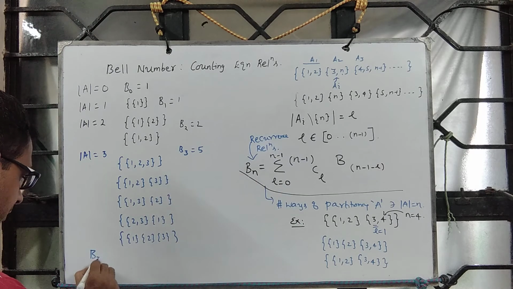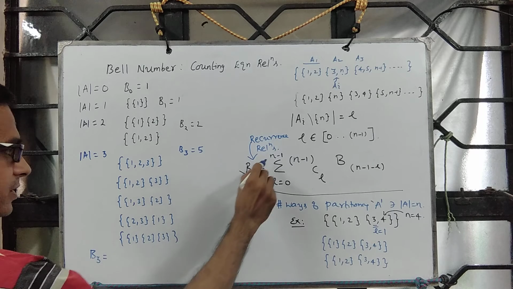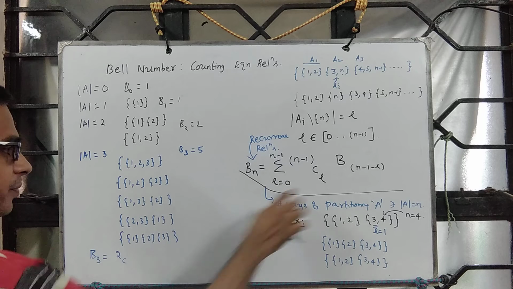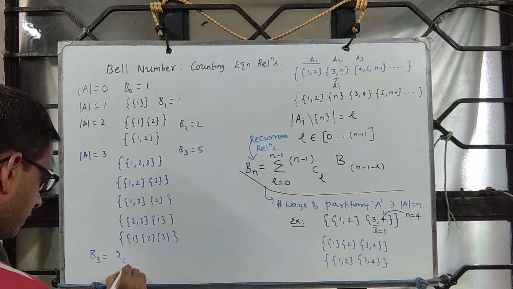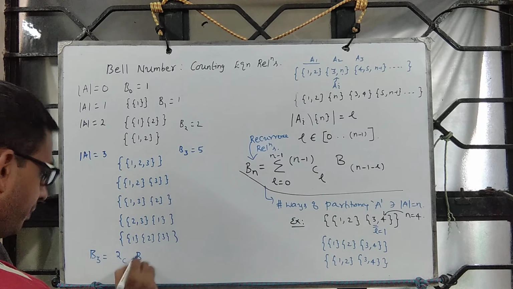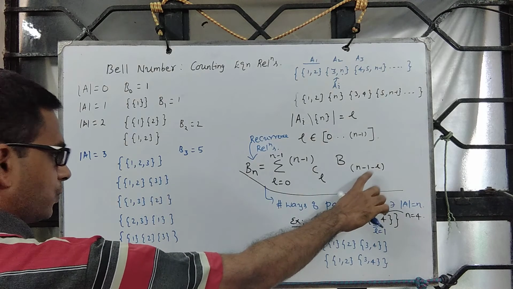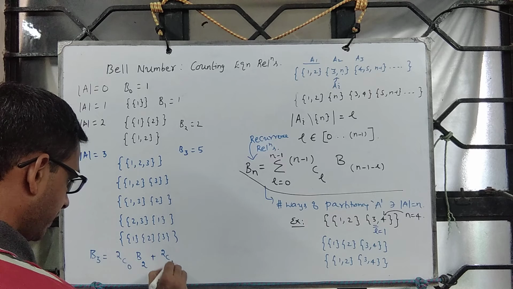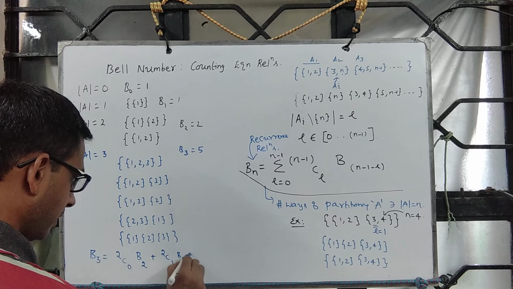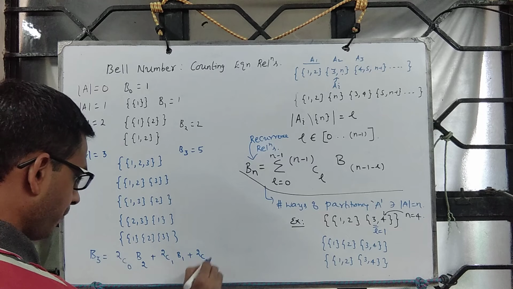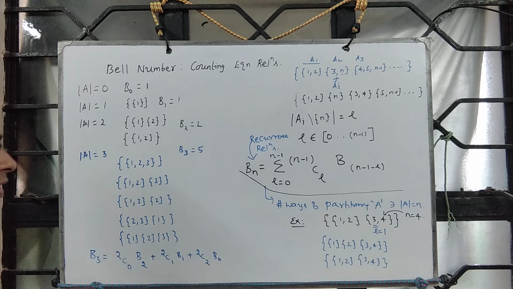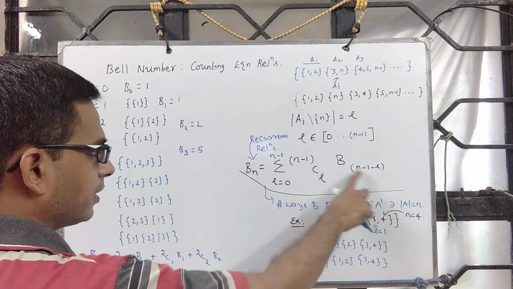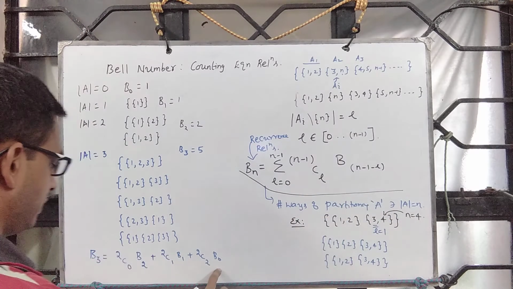For example, for B3, n is 3, so it is 2 choose L. Possible values for L are 0, 1 and 2. For L equal to 0 it is 2c0 B2, plus 2c1 B1, plus 2c2 B0. When L takes the value 2, it is 2c2 B, 2 minus 2 is 0.